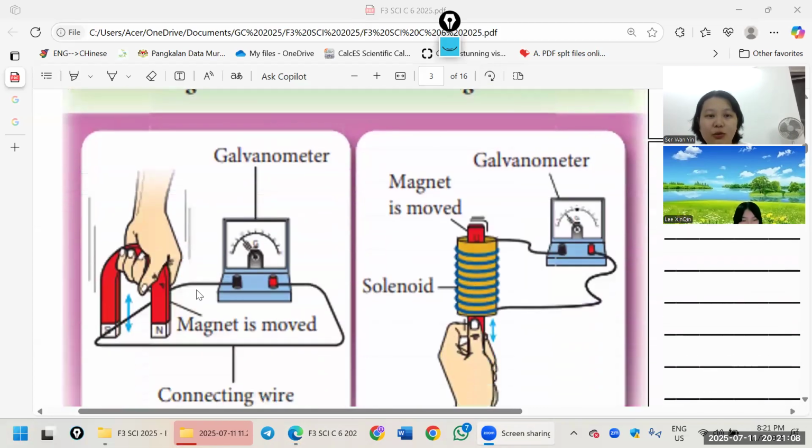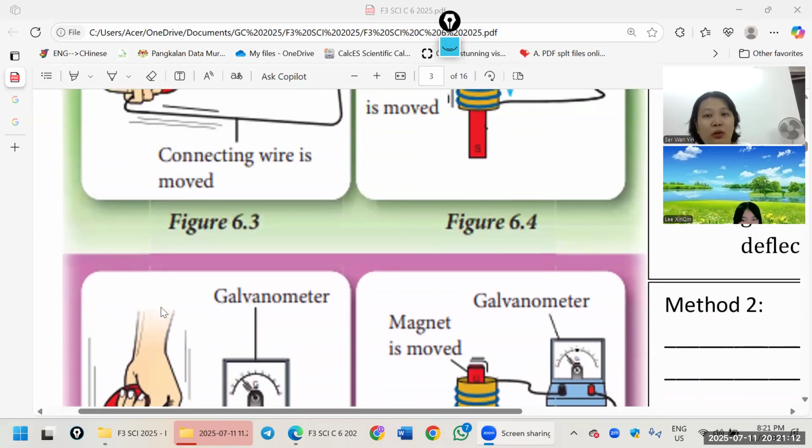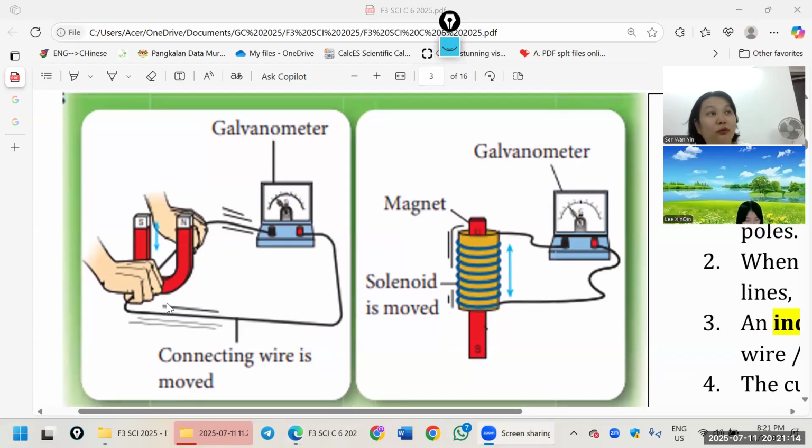This one is move magnet to the wire or the coil. So this one is move wire, towards the magnet.